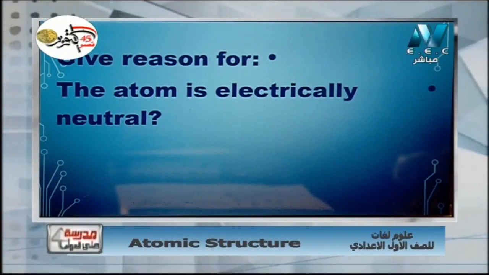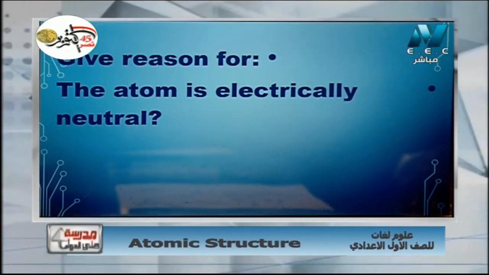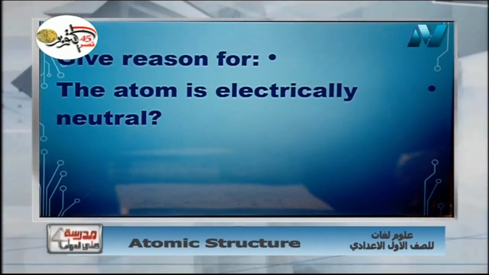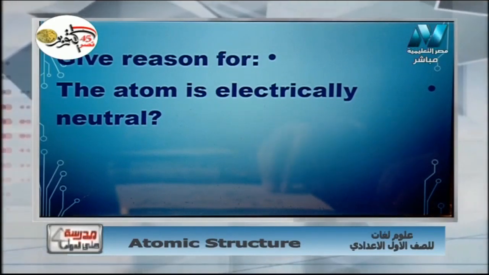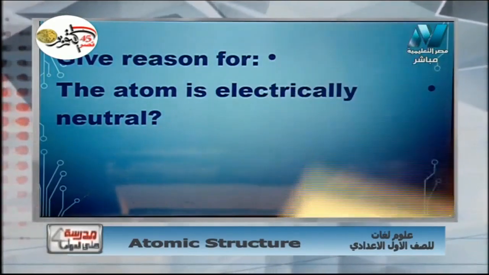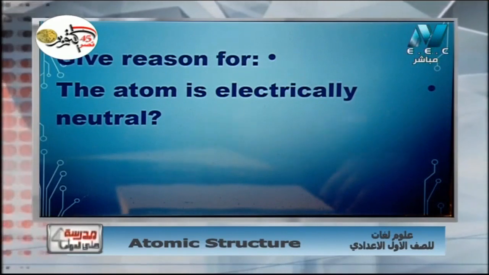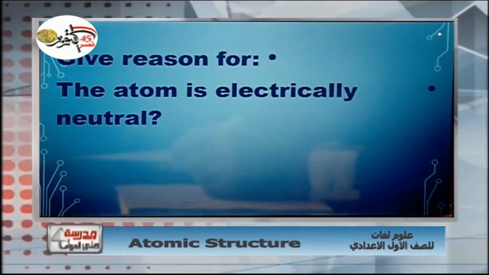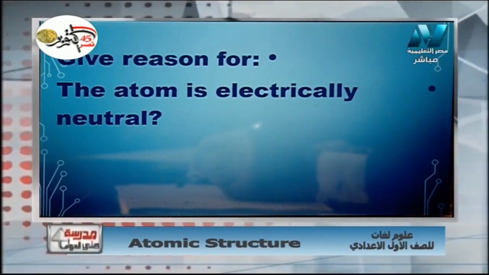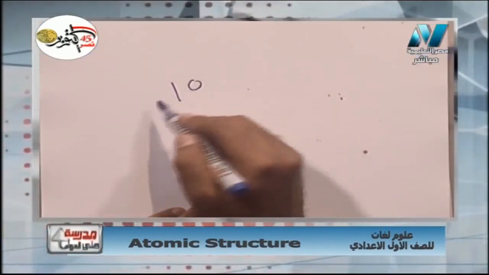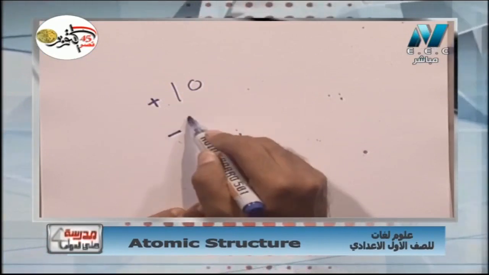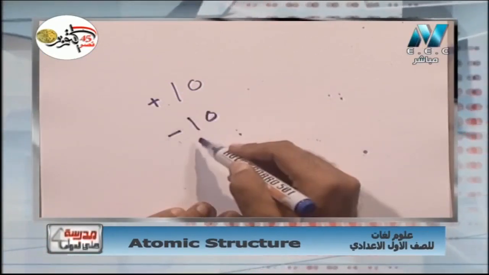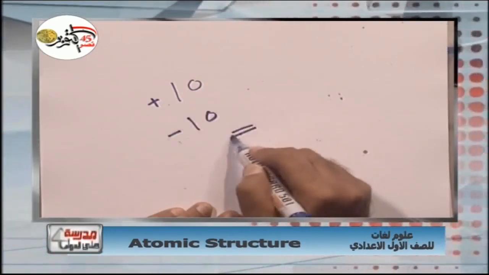Give reason: the atom is electrically neutral. As you know, my dear student, there are positive and negative electric charges. So, if I have 10 positive and 10 negative, that means I will get 0.